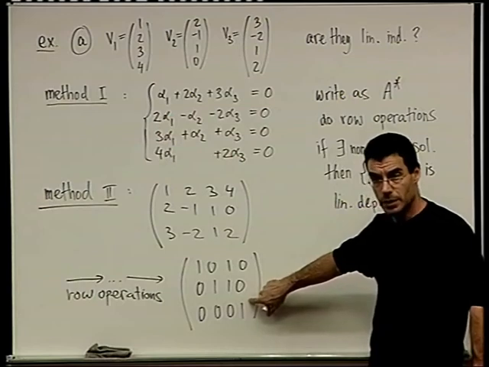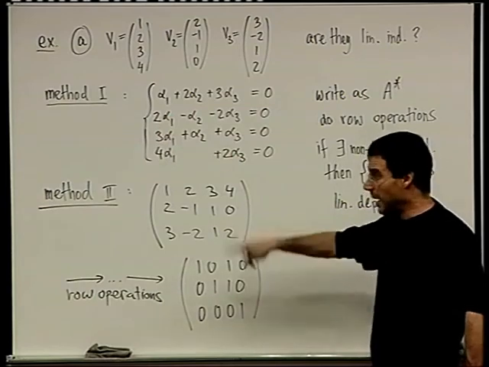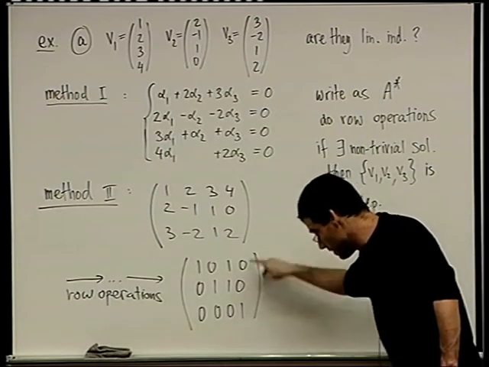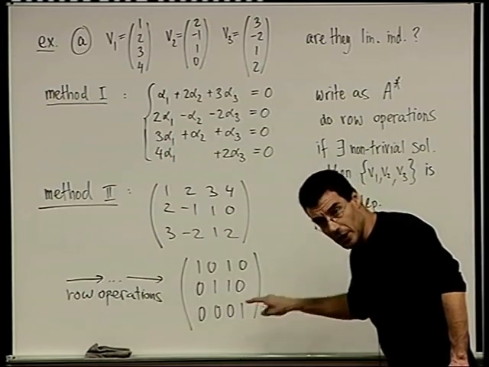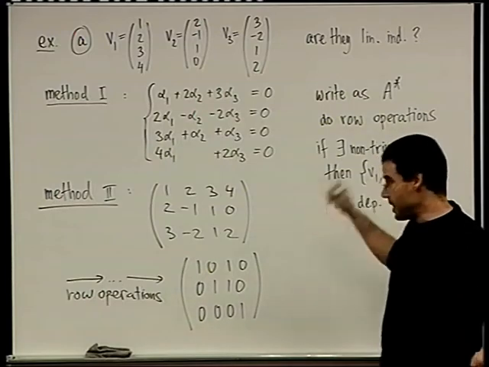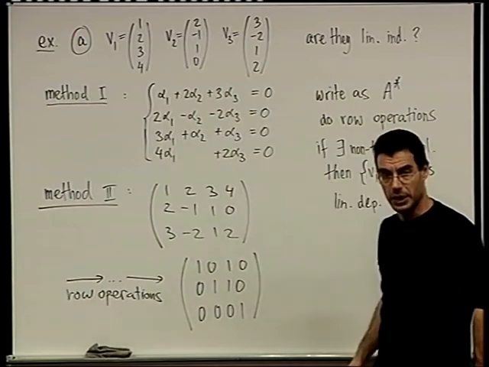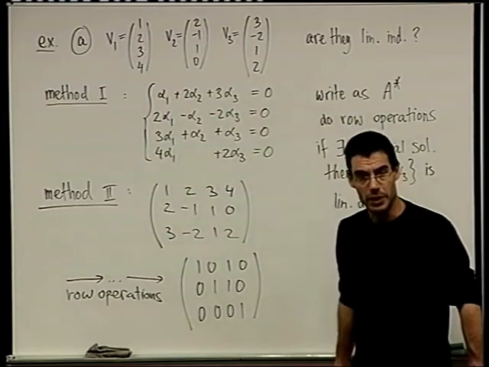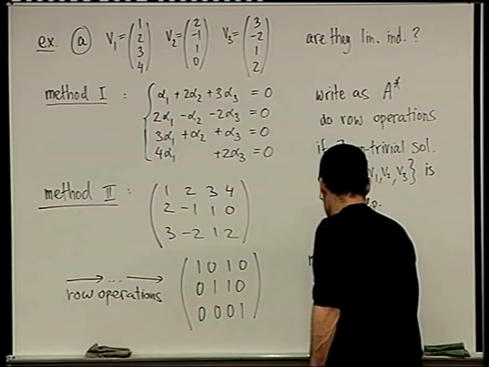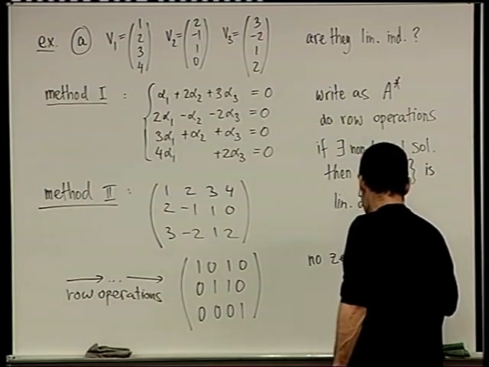Answer, no. Right? By the theorems that we quoted, the rows of this matrix are linearly independent, and therefore these three vectors are linearly independent. Okay? No zero row.